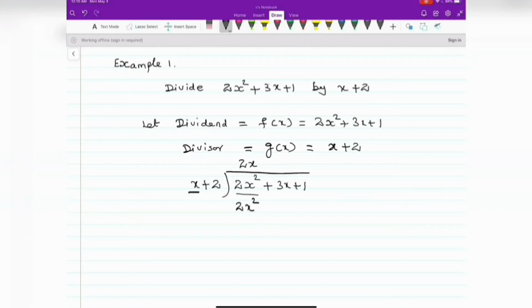Then plus 2 into 2x will give you 4x. Now the usual procedure, you have to subtract, the sign will change. Now what will happen? Plus 2x square minus 2x square will get cancelled. Now here you will be having 3x minus 4x, which is minus x. Then bring down this plus 1.